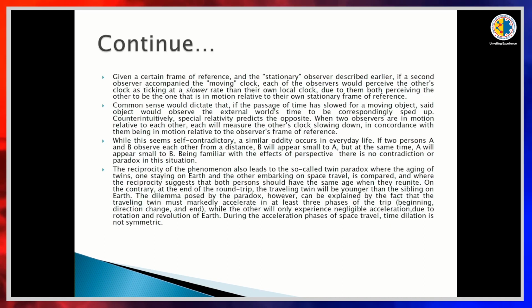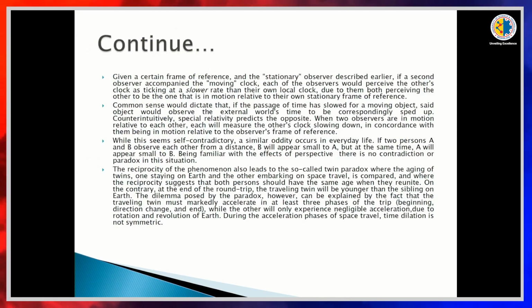Given a certain frame of reference and the stationary observer described earlier, if a second observer accompanied the moving clock, each of the observers would perceive the other's clock as ticking at a slower rate than their own local clock, due to them both perceiving the other to be the one that is in motion relative to their own stationary frame of reference. So, in case of clocks, the same situation happens, time dilation happens.